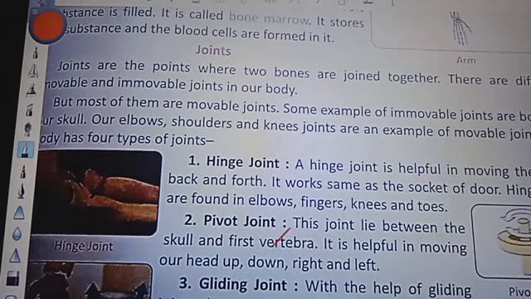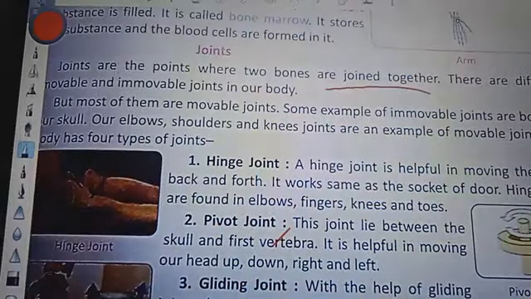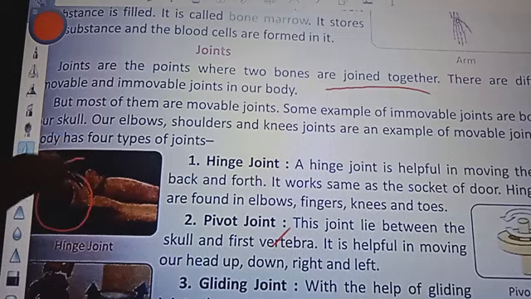Joints are the points where two bones are joined together. See, two bones are joined together. That is a joint.